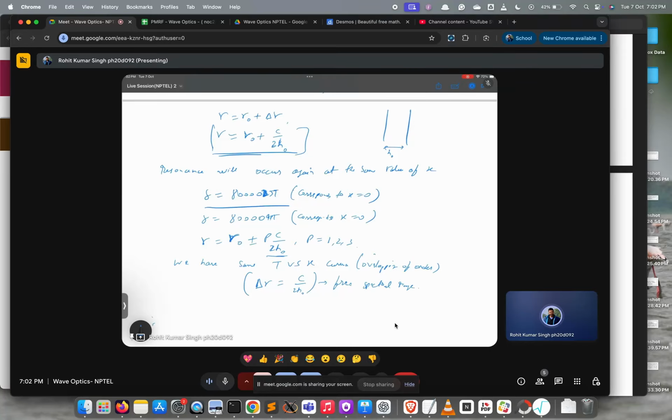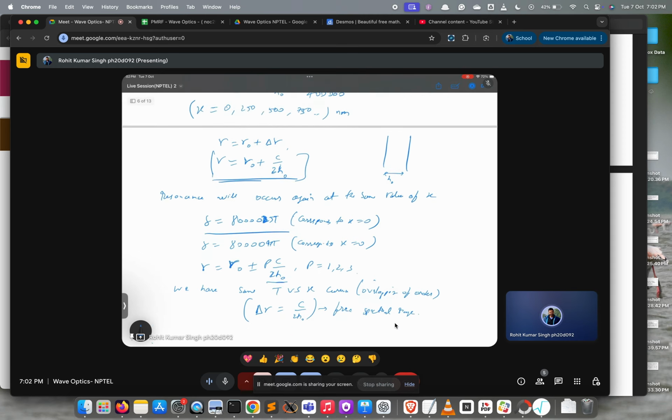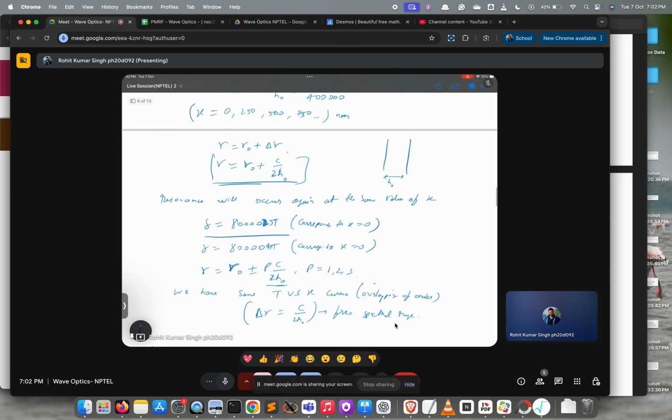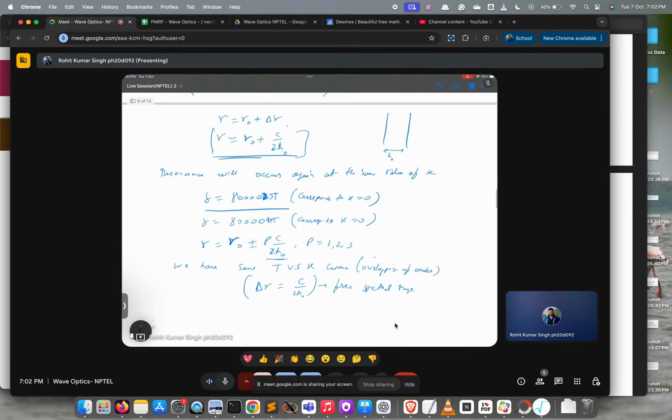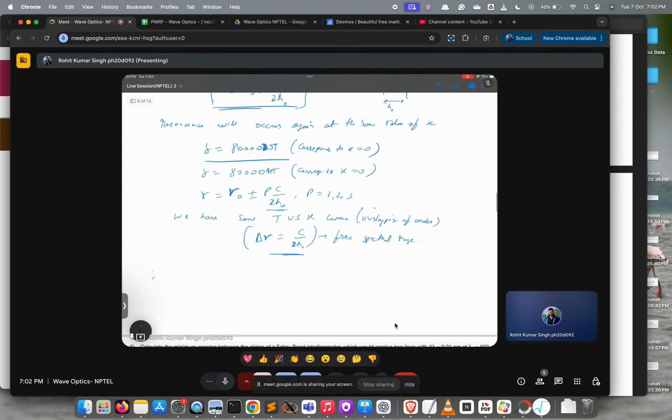Okay, so now you got the idea how to resolve two different frequencies. Okay, so you have this much range. I mean, so what I mean is, oh, we ran out of space.